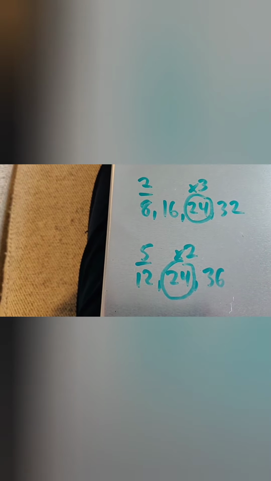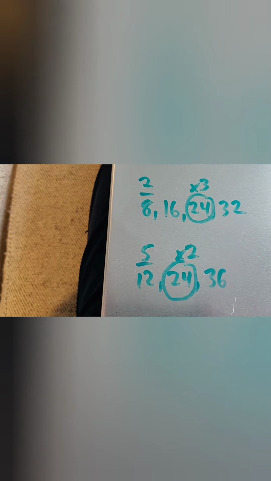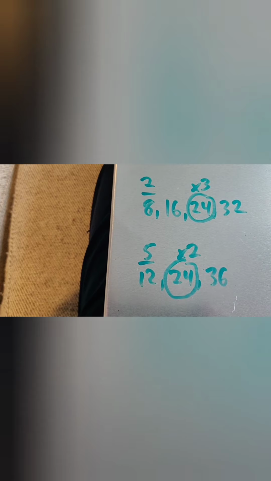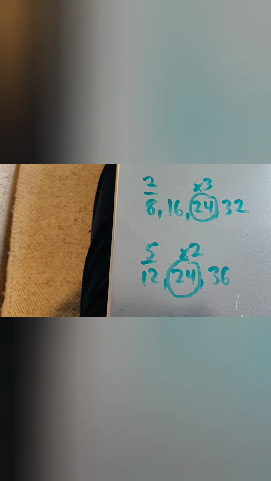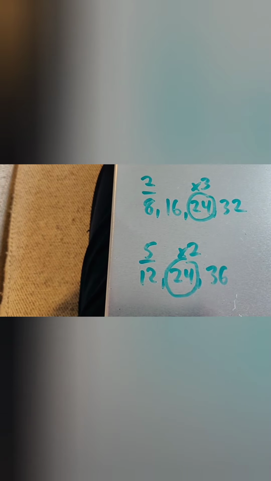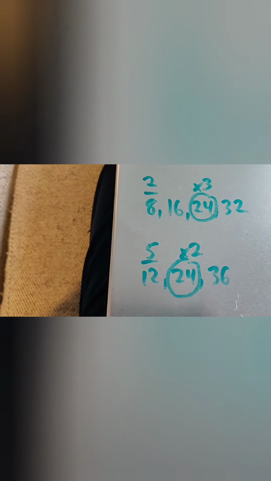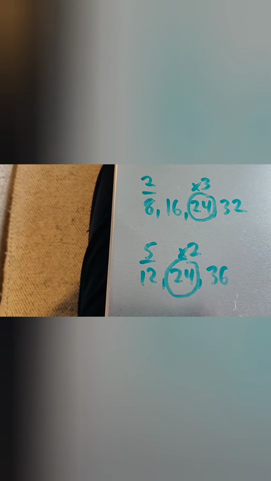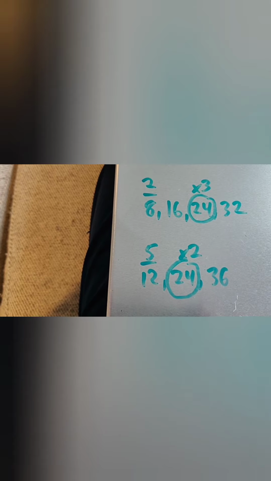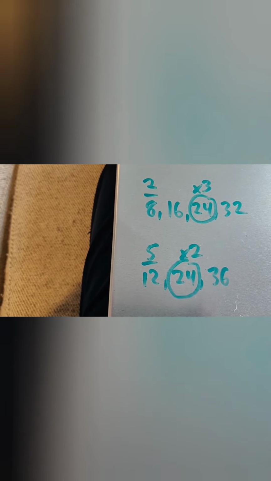In 2/8, we skip counted 3 times to get to a denominator of 24, which means that 2/8 times 3/3 will give us an equivalent fraction with a denominator of 24. In 5/12, we skip counted 2 times to find the denominator of 24, which tells us that when we multiply 5/12 times 2 halves, we'll get the product as an equivalent fraction with a denominator of 24.